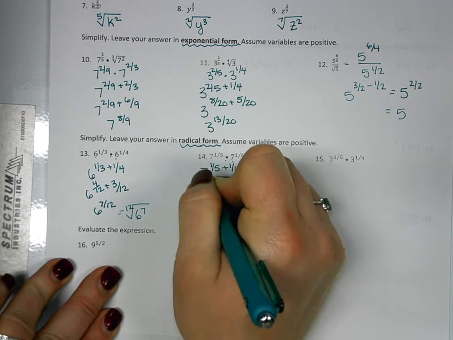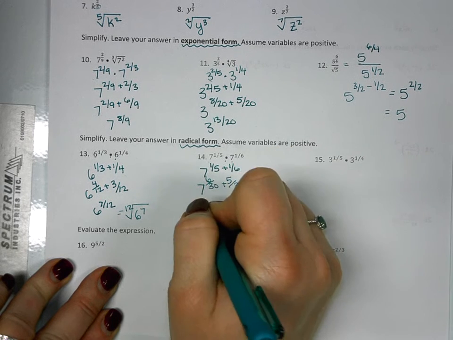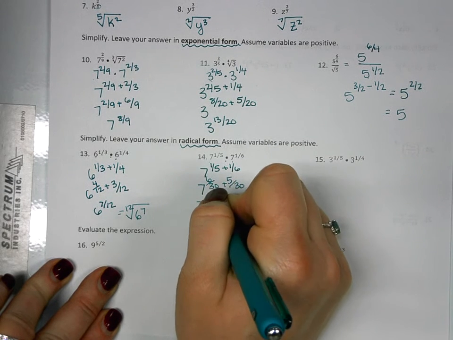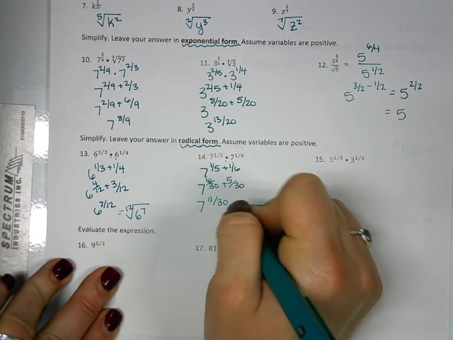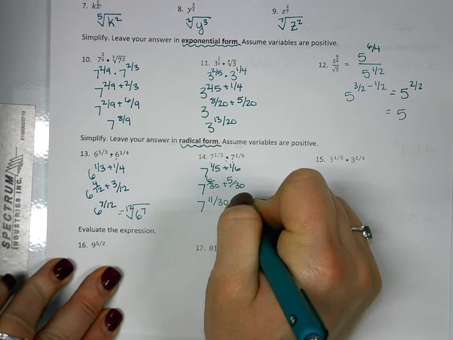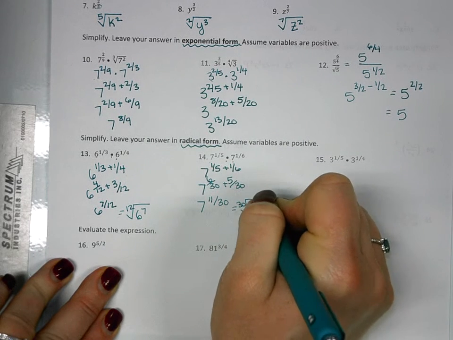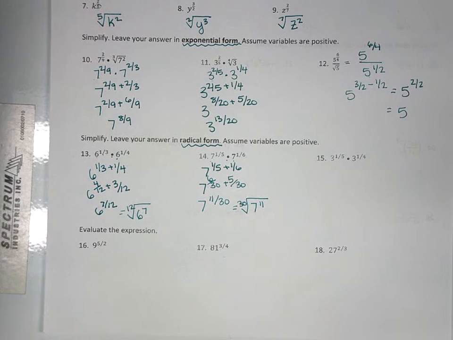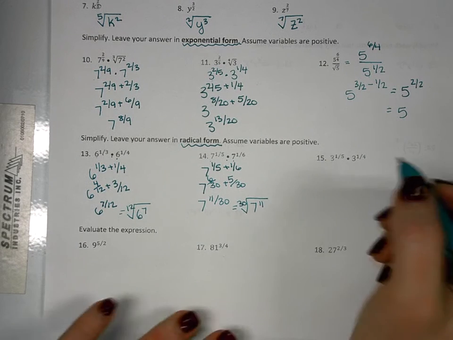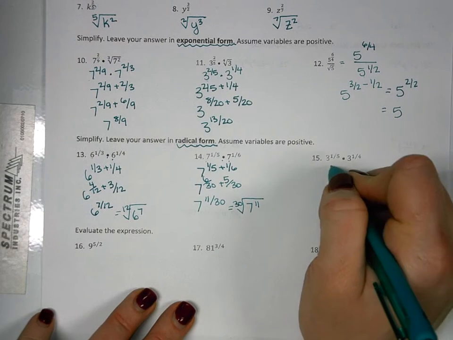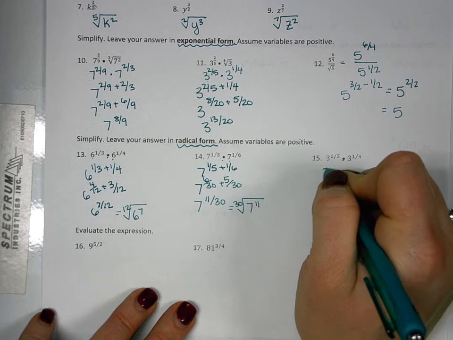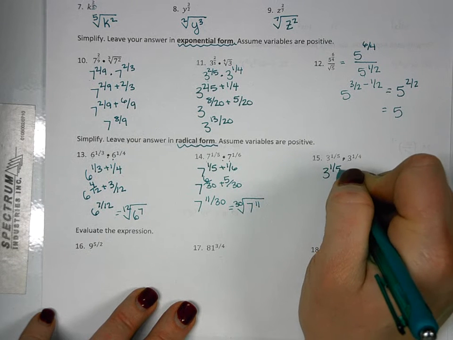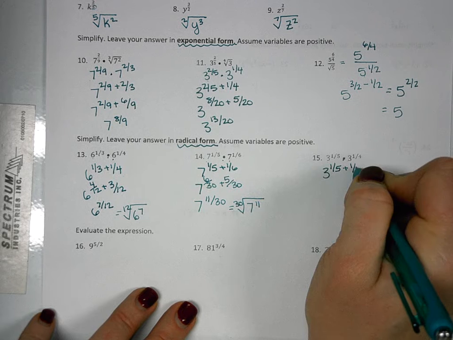Let's see, so 6/30, 5/30. Add them, you get 11/30. Change it to radical, we have the 30th root of 7 to the 11th power. 15, same thing, same base being multiplied, so we add the exponents. 1/5 plus 1/4.